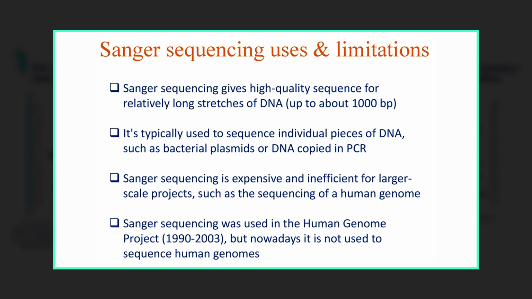However, Sanger sequencing is expensive and inefficient for larger scale projects such as the sequencing of an entire genome or metagenome, that is the collective genome of a microbial community.